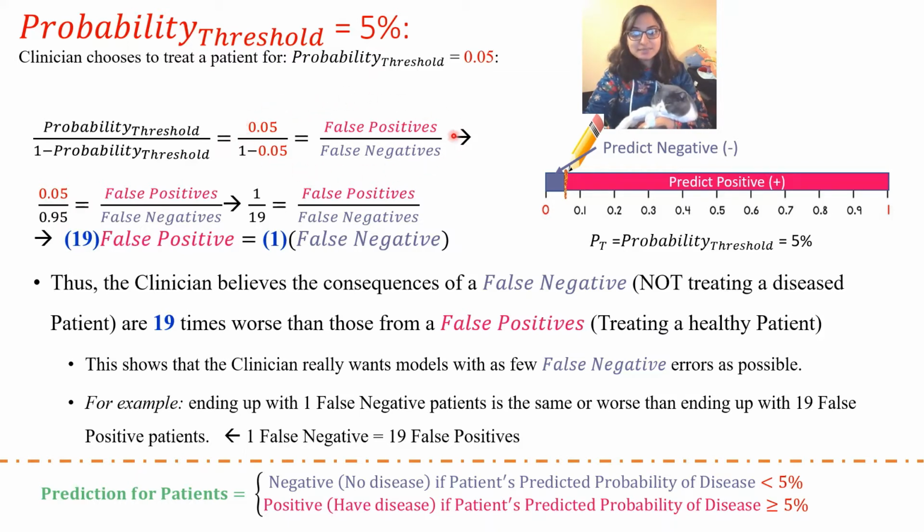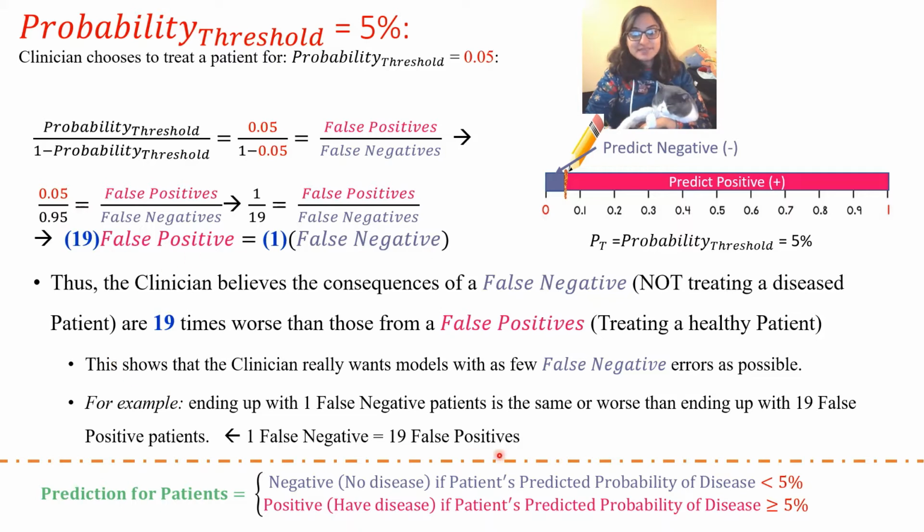Then we simplify this: 5% over 95% equals false positives over false negatives. And this simplifies to 1 over 19, and we again set it equal to false positives over false negatives. Then we cross multiply. So that means that 19 false positives are equal to 1 false negative.